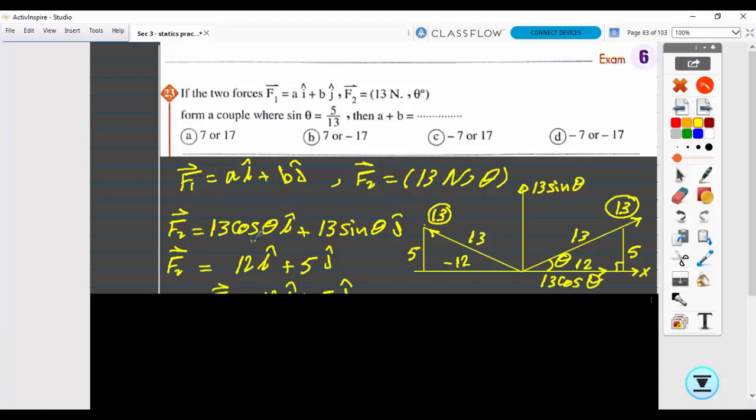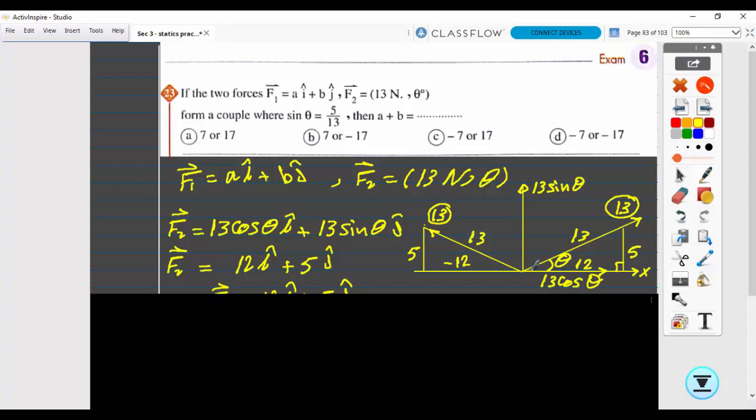F2 equals 13 cosine theta I plus 13 sine theta in the direction of J. Here we have sine theta equals 5/13, and we know that sine is positive in the first quadrant, and also in the second quadrant it is positive. So here sine theta equals 5/13, and in the second quadrant, sine theta equals 5/13.